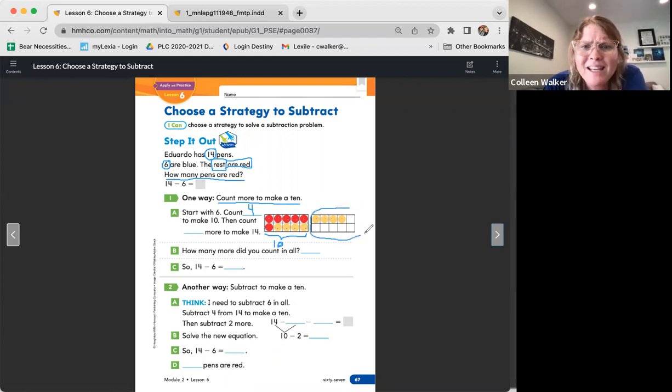Friends, how many counters did I put in this 10 frame? If you said 4, that's correct. 4 more counters. How many more did you count in all? We know, friends, that we started with the 6 red, but how many yellow did we add on?